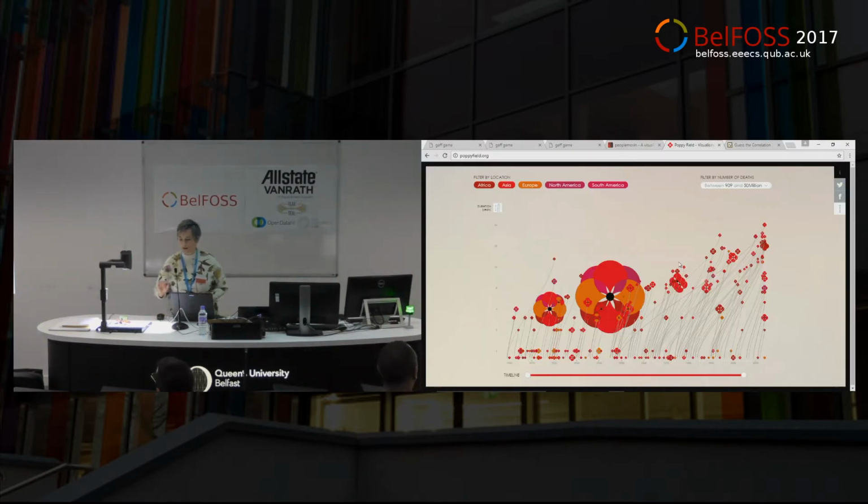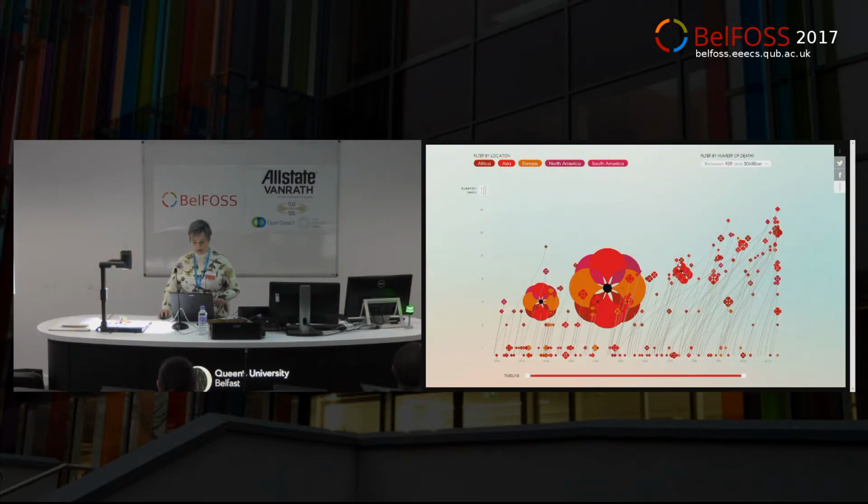The second data visualization I really like is by a girl called Valentina Delfini, who I think has done work for The Guardian as well. Along with another guy, she took data to do with all the wars of the 20th century. I think this was commissioned as part of the centenary of the end of the First World War. The poppy symbolizes the number of fatalities during the war, and the stem is the duration of the war.